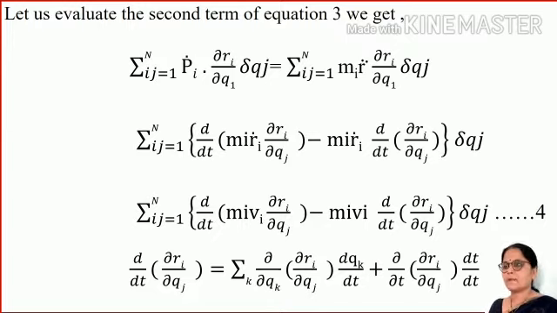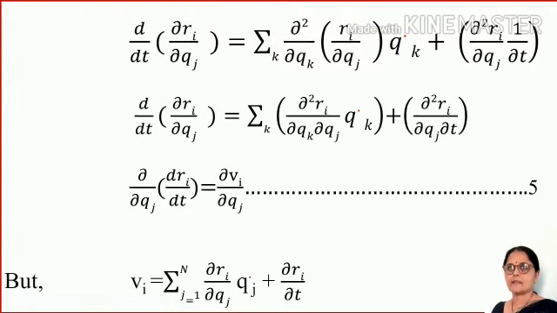In this equation, we can take d by dqj outside and ri can be taken inside.